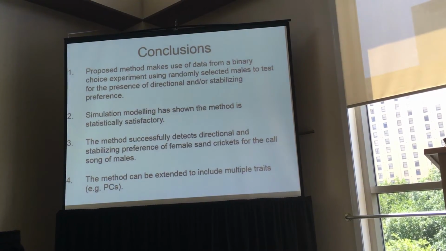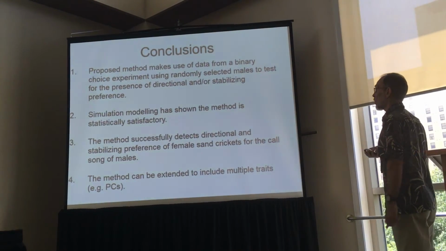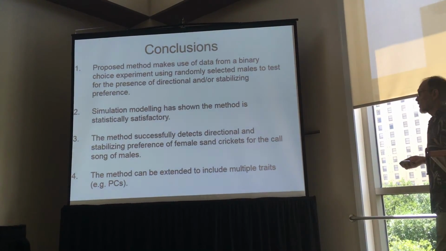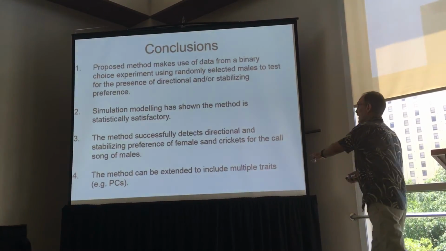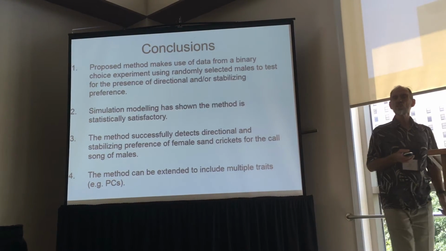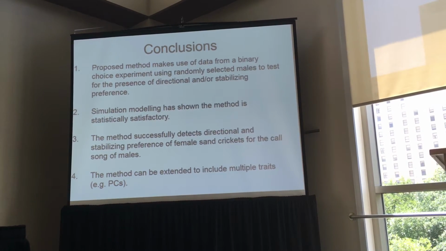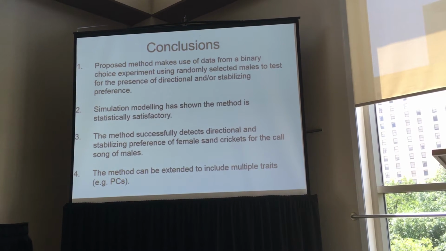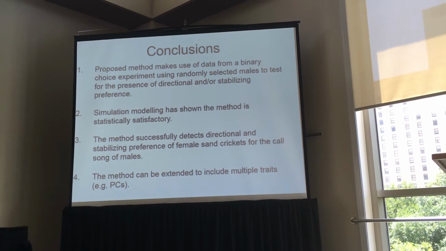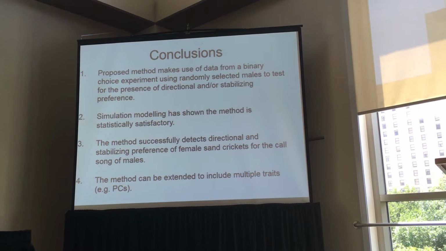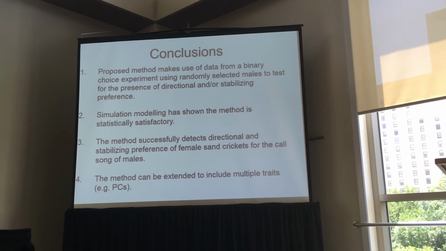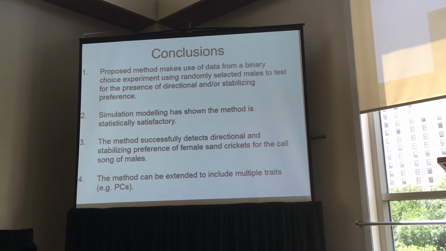And this method, as we've shown, successfully detects directional and stabilizing preference of male sun crickets for the call songs. We can extend this method to include multiple traits by either using PCs, using multiple regression, or some other way of aggregating trait values. And the method will be available, hopefully in the near future, as an R add-on. Okay, thank you.